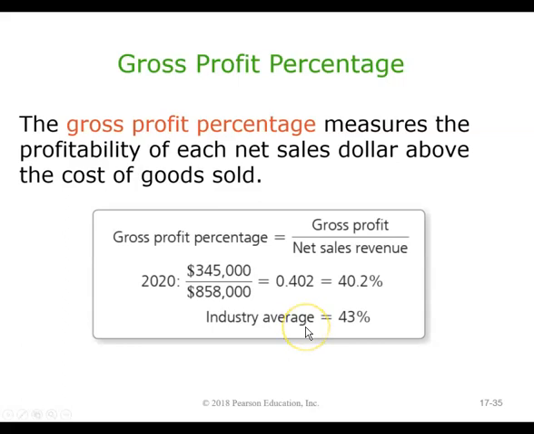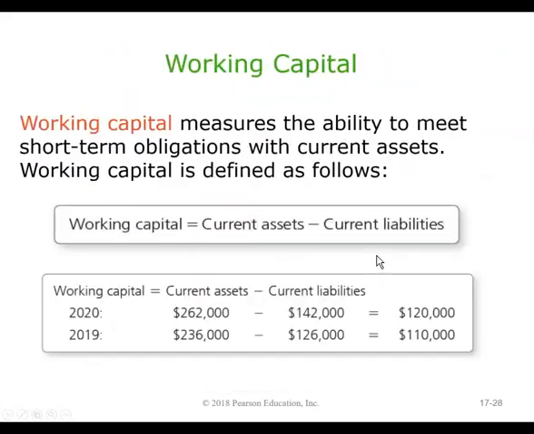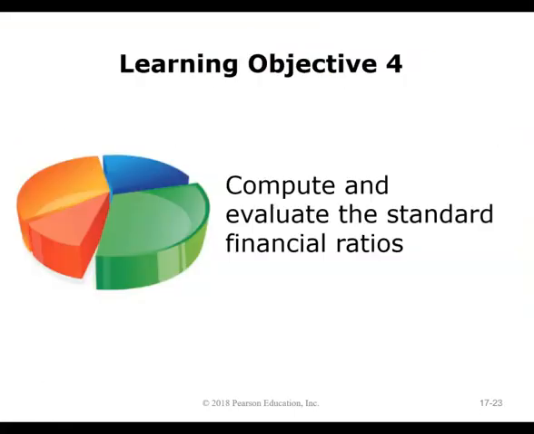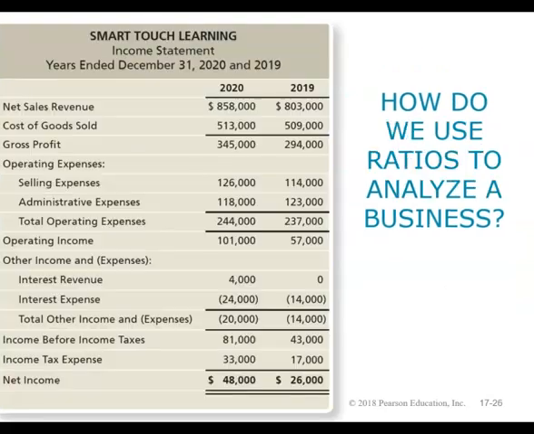So you'll find that on the income statement, and then divided by net sales revenue. So I want to pop over here and let you look at that. Okay, so you're going to say gross profit, 345, divided by net sales revenue, 858. And that's going to give you your gross profit percentage.